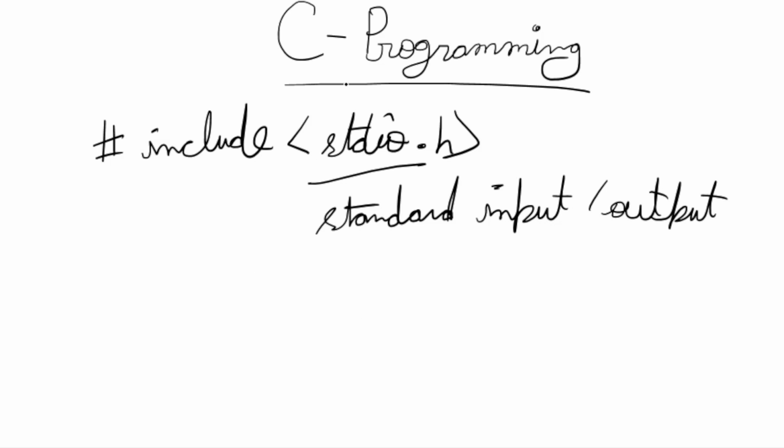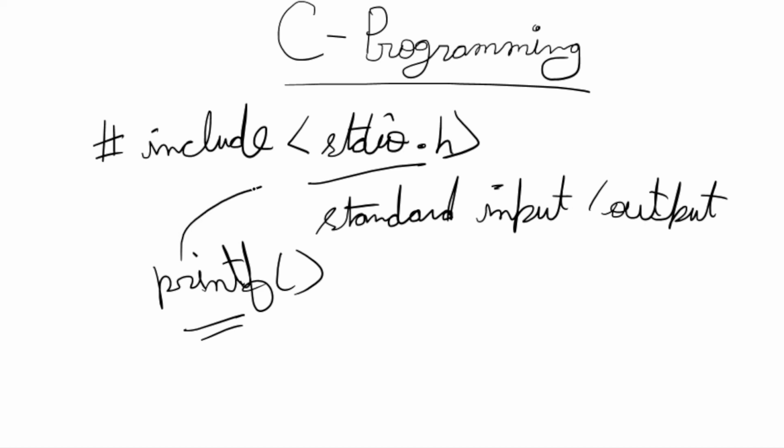You see that we printed the welcome to Coding Quill text. That printf function, which prints the welcome to Coding Quill text, is defined in this stdio file only. So this is your first one.